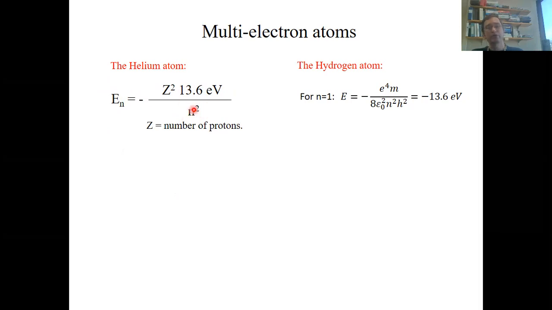Here n is the quantum number n, and Z is the number of protons. Essentially, that energy is defined by the Coulomb interaction between the electron and the protons in the nucleus. And the more protons we have, the greater the orbital energy is.